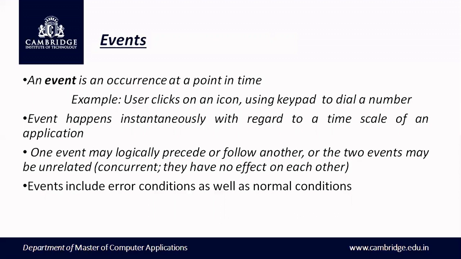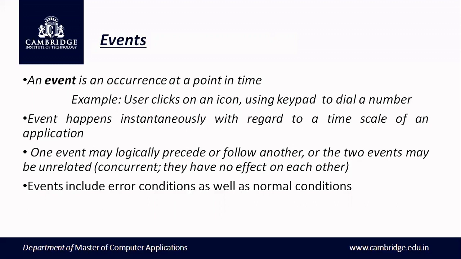That is normally followed in related events. But when we have two events that are unrelated, these are independent events, so there is no effect on each other. Independently, both events can run simultaneously.